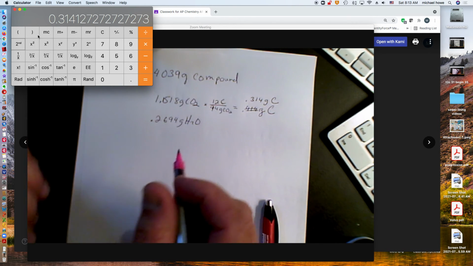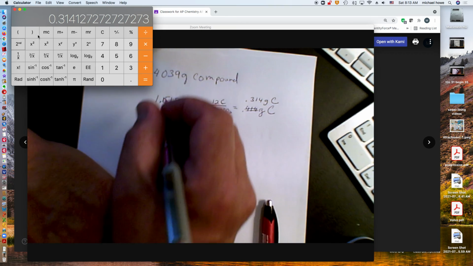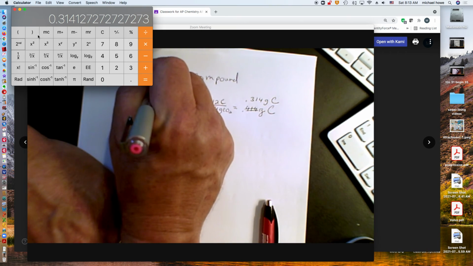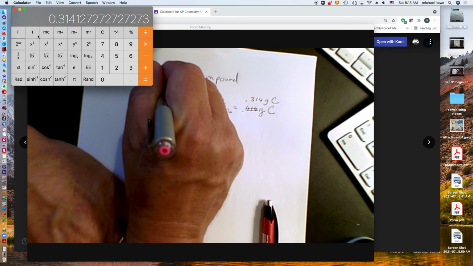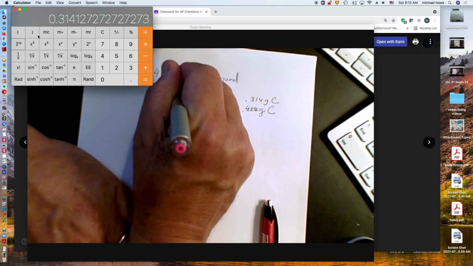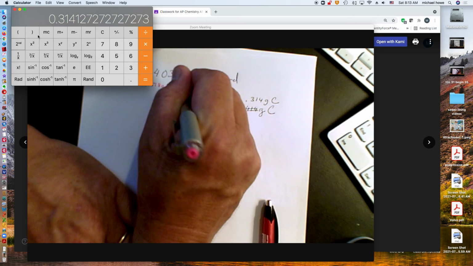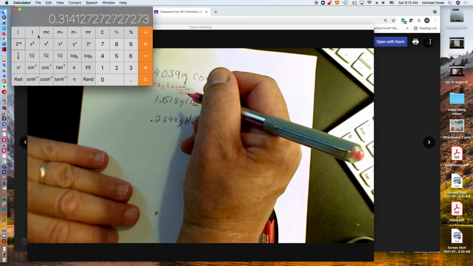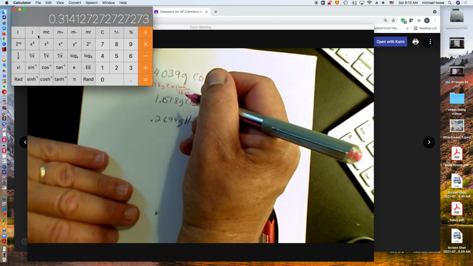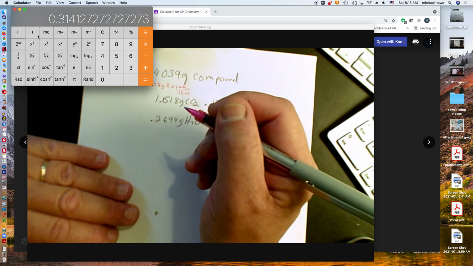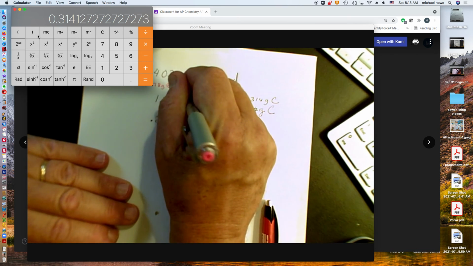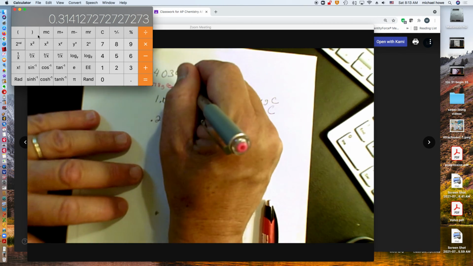Another way to do it, a little longer way, but works fine, maybe more logical in some ways. So 1.1518 grams of carbon dioxide times 1 mole of CO2 for 44 grams. Still early this morning.